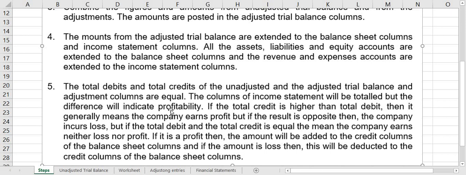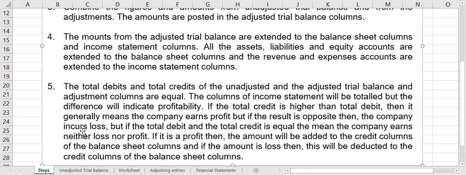The columns of the income statement will be totaled, but the difference will indicate profitability. If the total credit is higher than the total debit, then it generally means the company earns profit. But if the result is the opposite, meaning if the debit balance of the income statement is greater than the credit balance, it indicates loss.